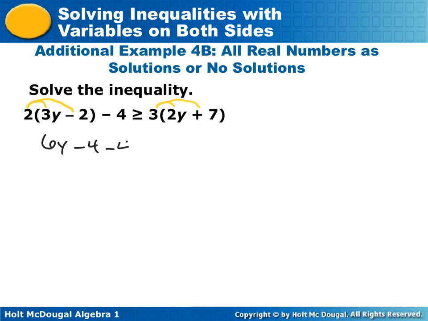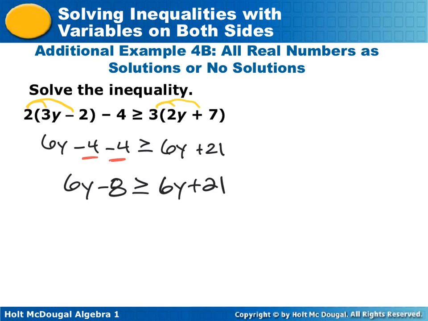Bring down that minus 4. That is greater than or equal to 3 times 2y is 6y. 3 times 7 is 21. Then the things that I see, we need to simplify these two negative 4's. So 6y minus 8 is greater than or equal to 6y plus 21.